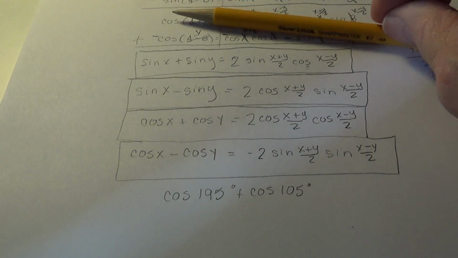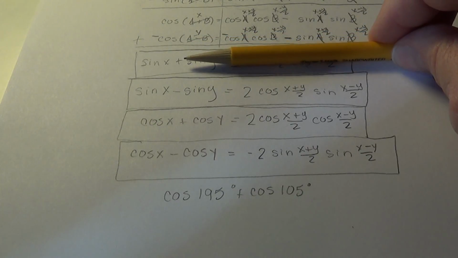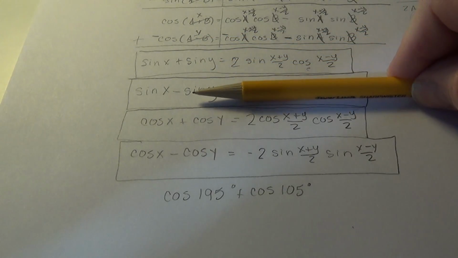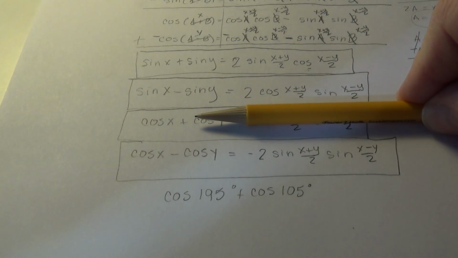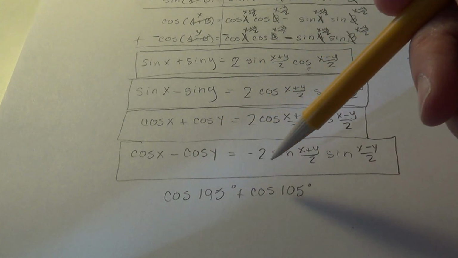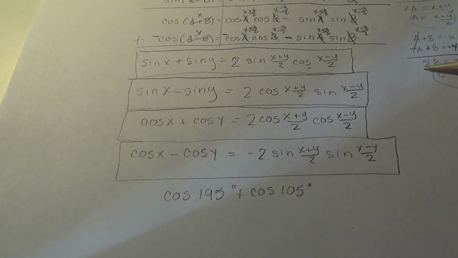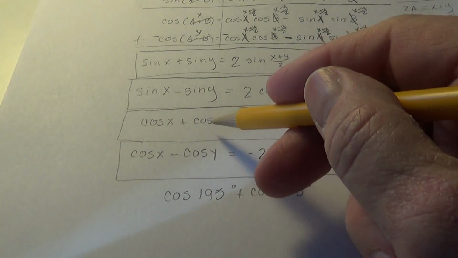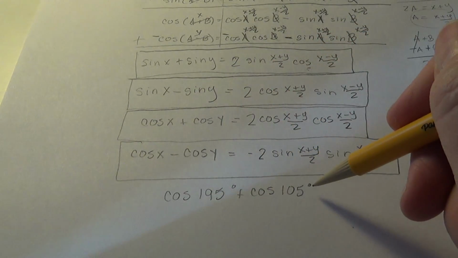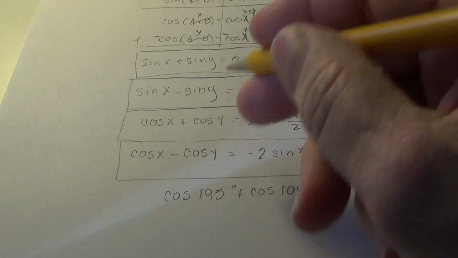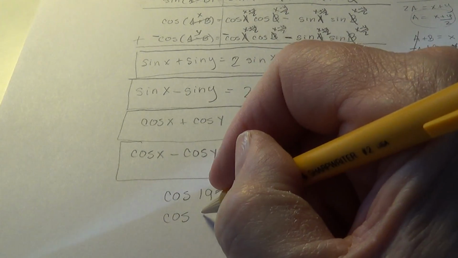So I'm looking down here. Found it. Cosine 195 and cosine 105. So cosine 195 plus cosine 105 is going to follow this pattern.